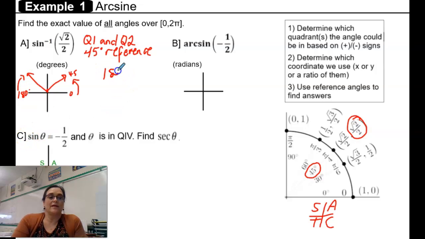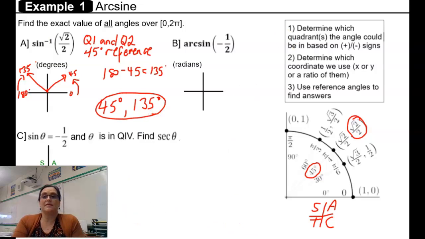So 180 minus 45 is 135 degrees, and that would be our quadrant 2 solution to the arcsine of root 2 over 2. So we have two solutions, 45 degrees and 135 degrees.